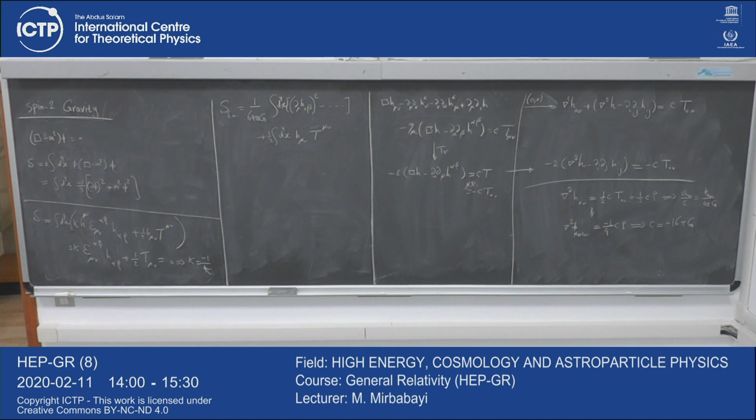Can you say that if t mu nu is equal to 0, then this action has the symmetry under h going to minus h, but that symmetry is broken if t mu nu is not equal to 0? Yeah, at this order, that's true. Eventually, no, because then we are going to add higher order terms in it. So at the lowest order it is true, but not for higher orders.